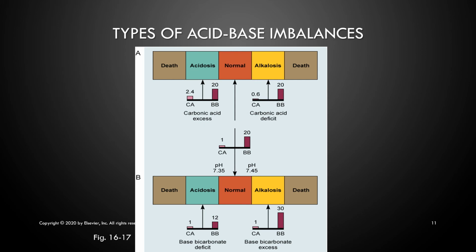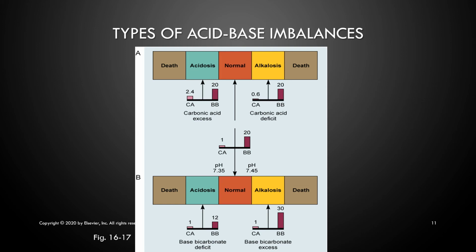So the first thing I want you to look at is this chart. You can find it in your book if you want to follow along with this. The top portion is going to be looking at our respiratory imbalances, like we were just talking about. So it's going to represent what happens when there's a respiratory issue that's causing the imbalance. When we're holding on to too much CO2, then the carbonic acid is going to increase.